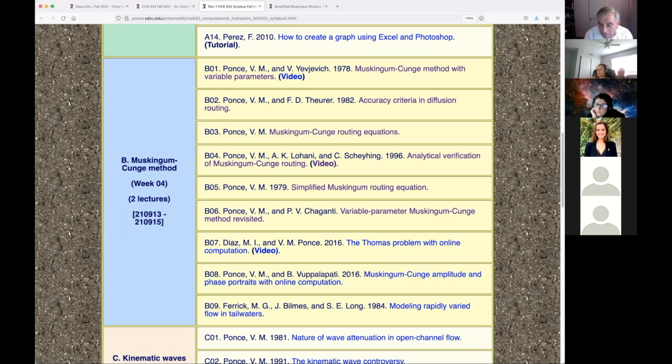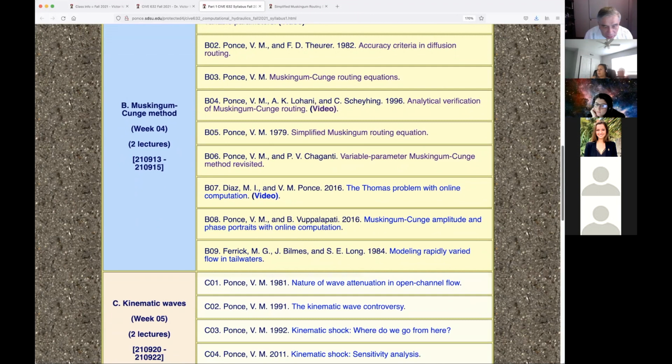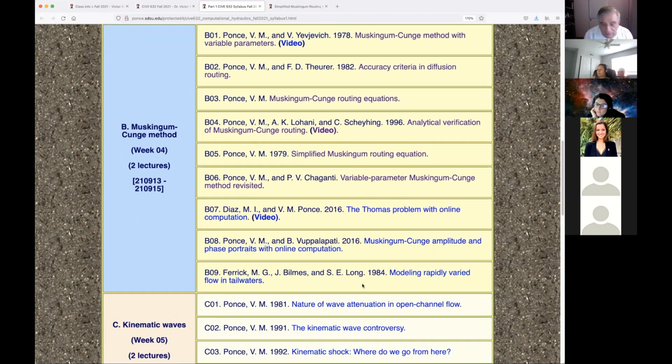And finally, hopefully, if I have time, if not, I will briefly talk about it next week: the Ferrick paper. I am in love with the Ferrick paper because it opened my eyes on the issue of dispersion back in 1984, 85. Then we had to wait a number of years for me to digest all this information.